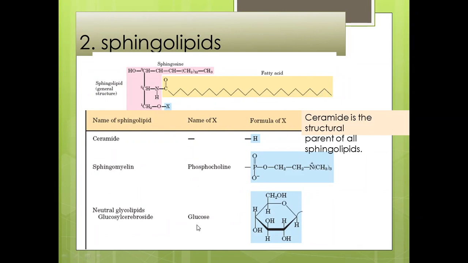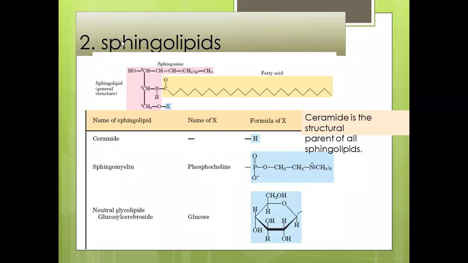If you have glucose, then you have the neutral glycolipids, glucosyl cerebrosides. So you just have to take note of this. This is our phospholipids.